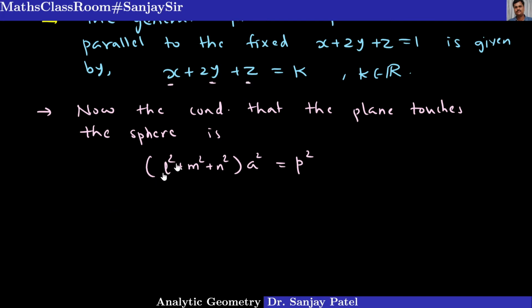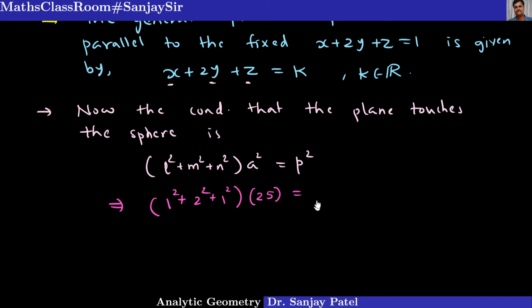So I can write this implies I will get 1 square plus 2 square plus 1 square. Remember, 1, 2, 1 are the coefficients of this plane, which we are assuming is the tangent plane. And a square is the radius squared of the sphere, that is 25. I mean, a is equal to 5, so a square is 25. And p is the constant term.